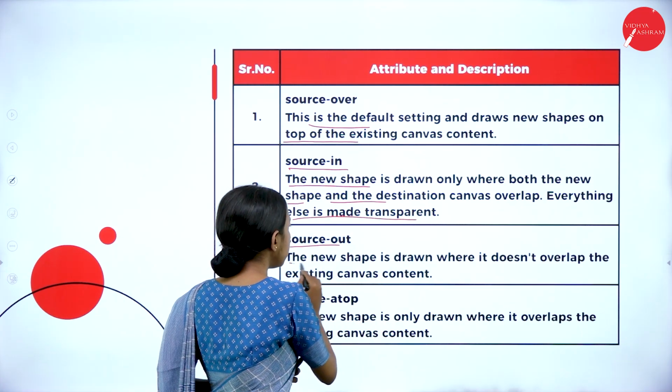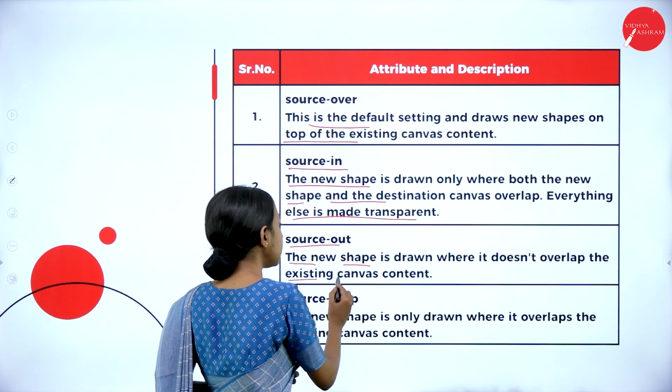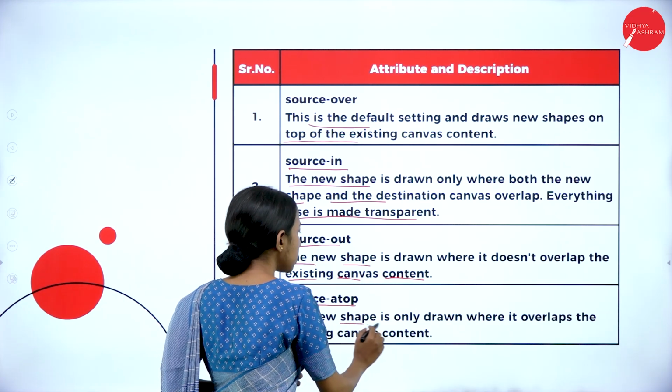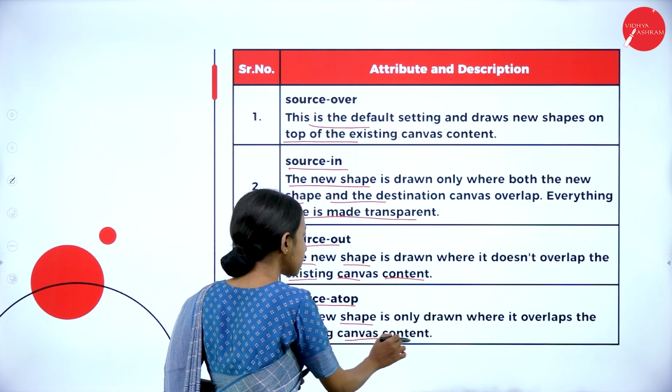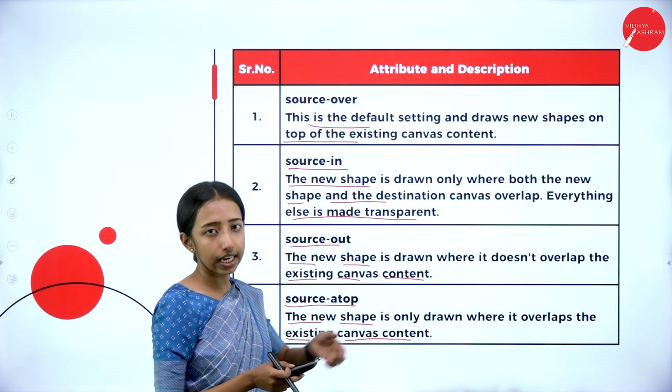Source-out: the new shape is drawn where it does not overlap existing canvas content. And source-atop: the new shape is only drawn where it overlaps the existing canvas content. So we will be learning how this can be done in a canvas.